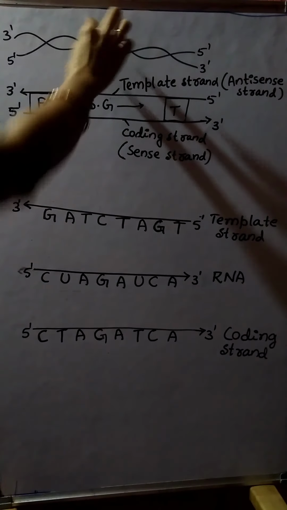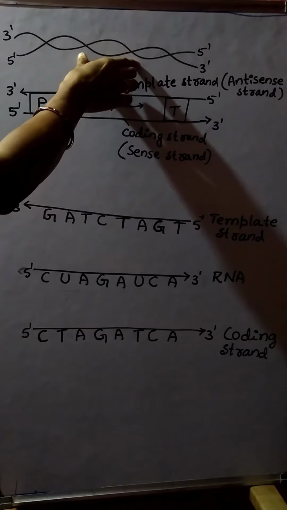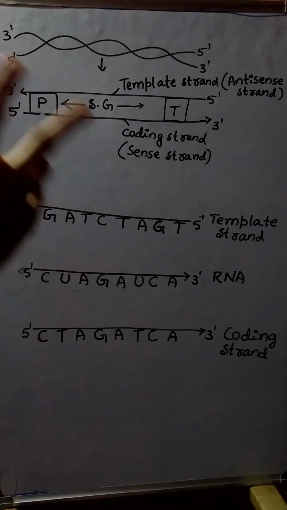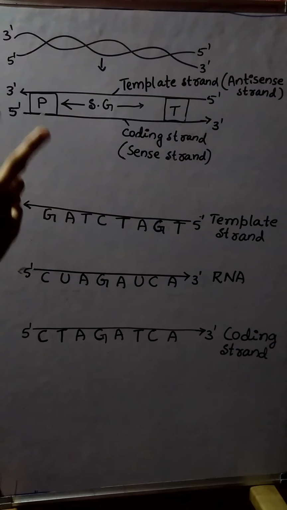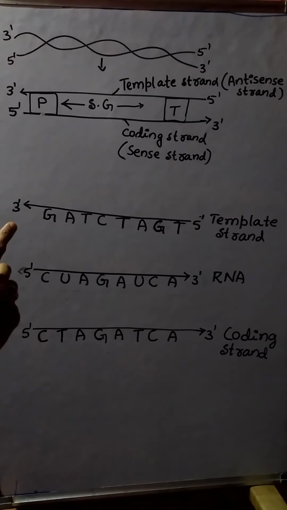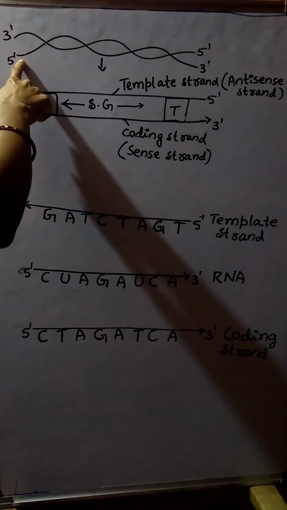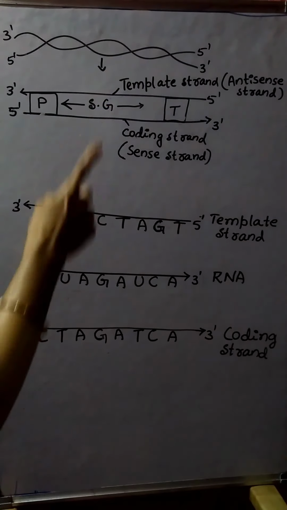See, this is the DNA. The structure of DNA contains two polynucleotide strands. The polarity of one polynucleotide strand is 3' to 5' and the polarity of the other polynucleotide strand is 5' to 3'.